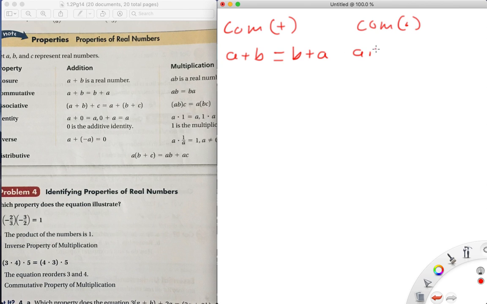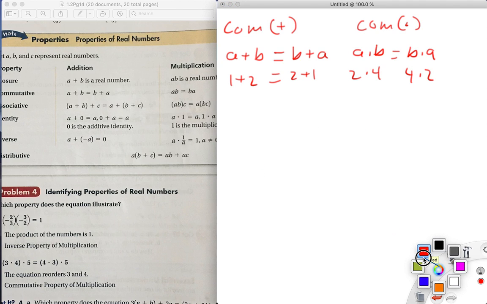If I have two numbers and I rearrange the order, they will be the same. So 1 plus 2 is equal to 2 plus 1. 2 times 4 is equal to 4 times 2. So those are examples of the commutative property.